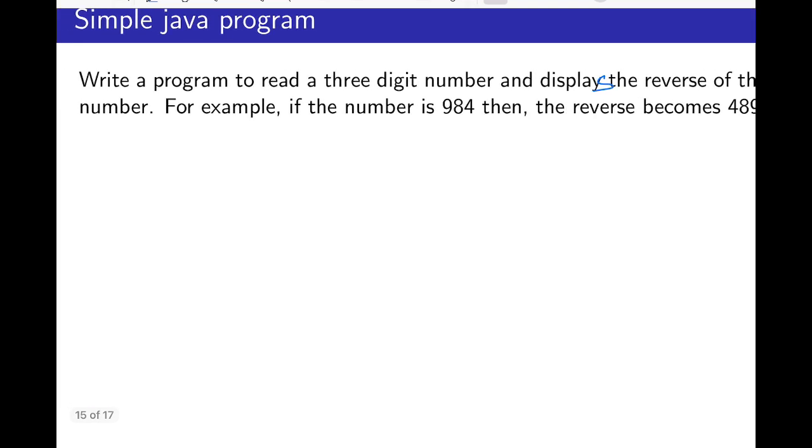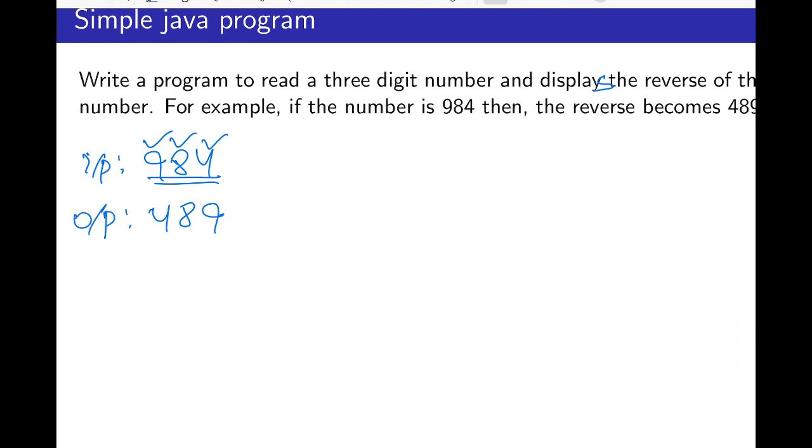Suppose the input is 984, the reverse is like this: first 4, then 8, then 9, so 4 comes to the 100th place, 8 will be there in the 10th place and 9 comes to the unit place. So if we input 984, the output will be 489, just reverse the number.